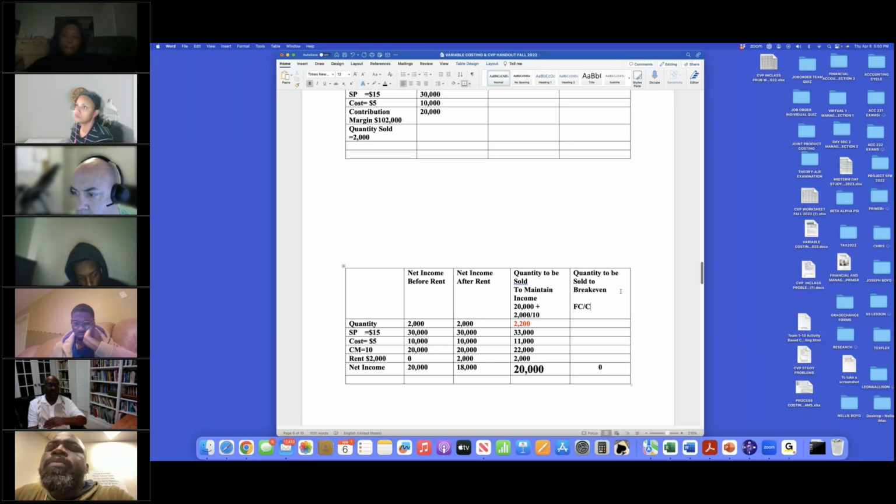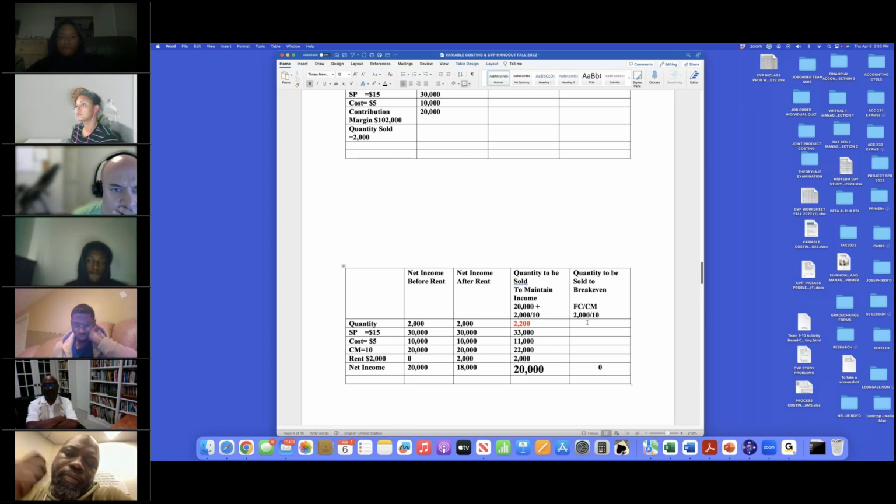So we're always on this line. We have that fixed cost, so we have what? 2,000. The unit contribution margin is right there, 10. Is that fixed cost the rent? Yes, that's the rent.